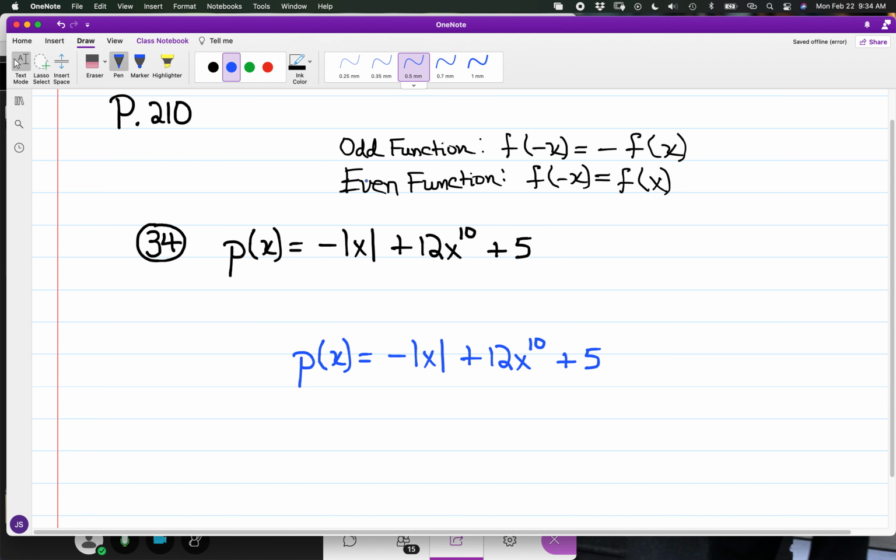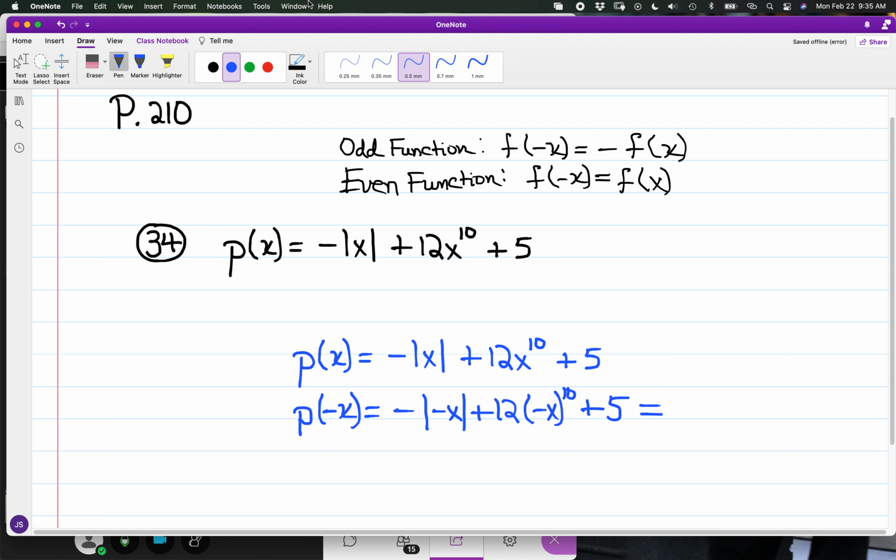Now for p of negative x, we got the negative of the absolute value of negative x, plus 12 times the 10th order of negative x, followed by the addition of 5.